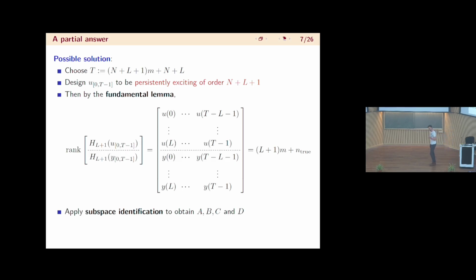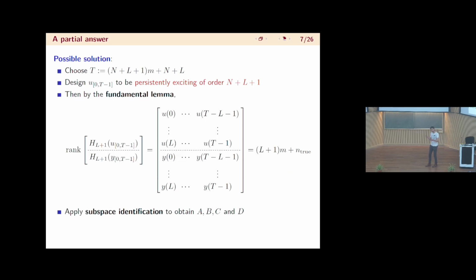Well, just to make one small connection to the lecture on Monday, there I explained that to apply this subspace identification method of Markovsky and co-authors, you needed persistently exciting inputs U of order 3n.